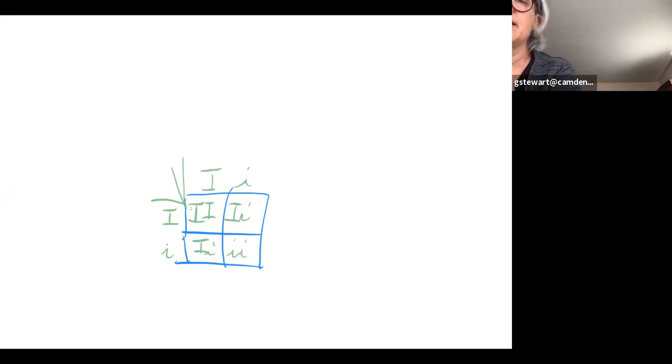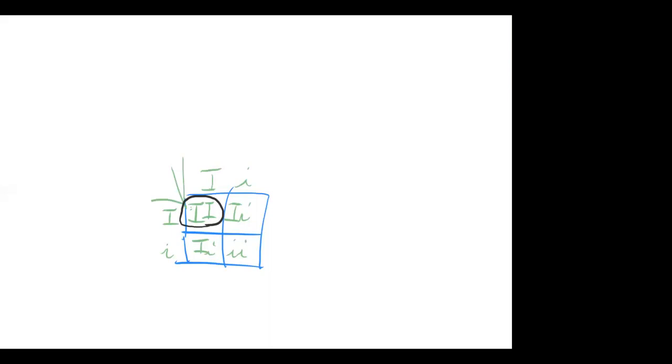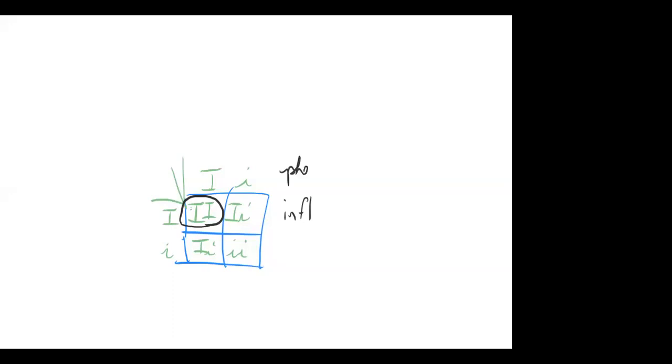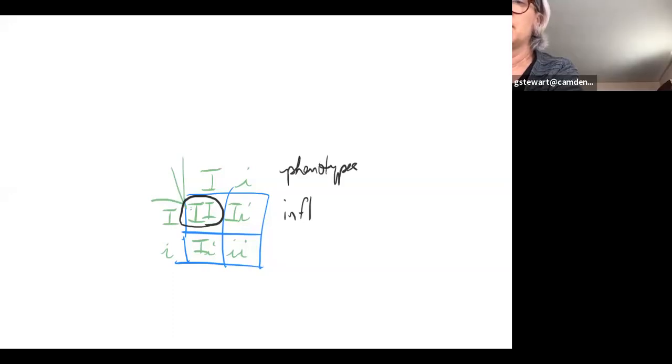All right, so this parent, I'll take volunteers. Anyone want to tell me what that one looks like? Inflated. That one's inflated, correct. So I would write, because this is where I make my list of phenotypes over here, right? So I'm going to put inflated and a mark for that one.